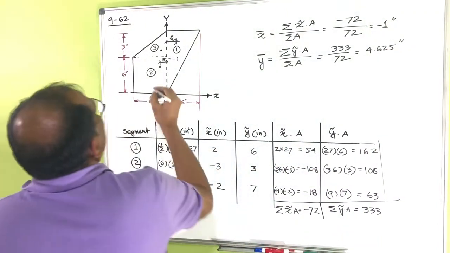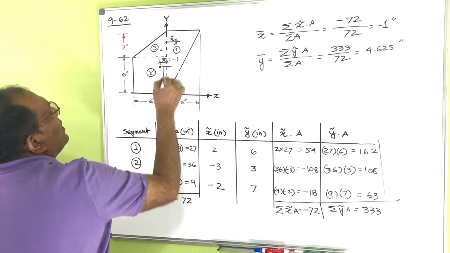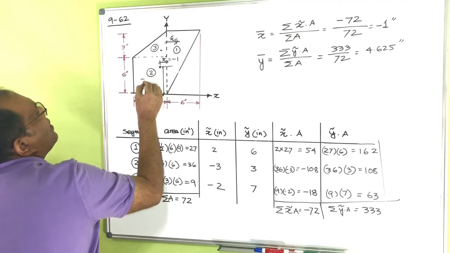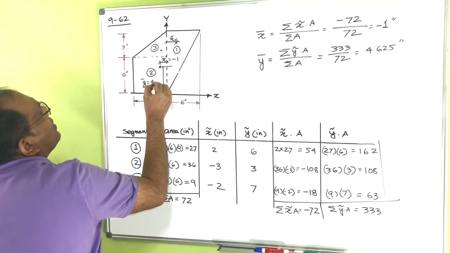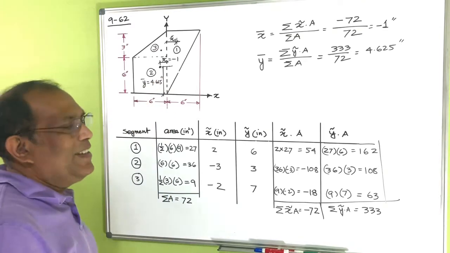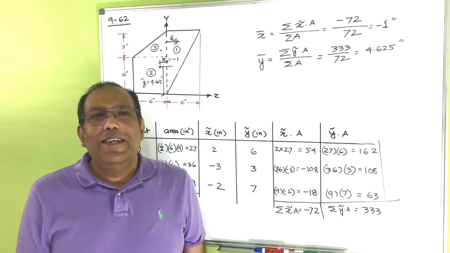Okay, so your y bar is actually here, which is 4.625 inch. Okay, let's move forward.